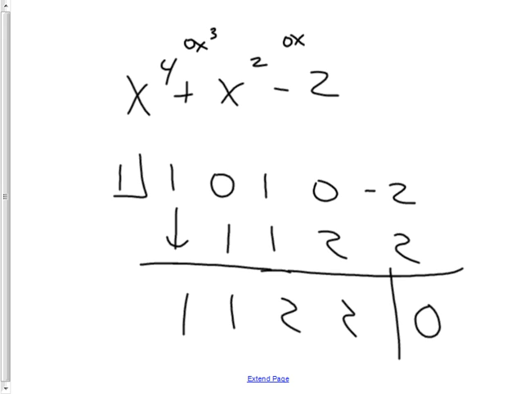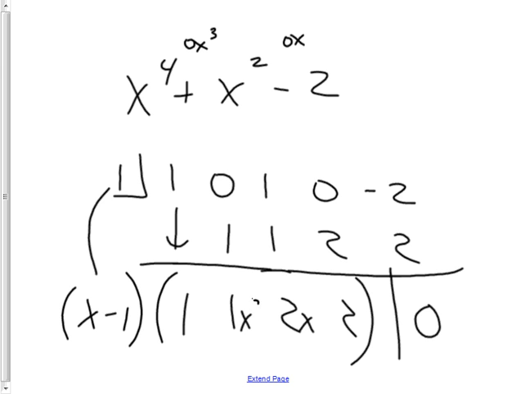So what's the answer? The answer is, bring this 1 down, x minus 1 times all that, and this is the x's, x squareds, x to the thirds. Final answer, oh, sorry, plus, plus, plus.